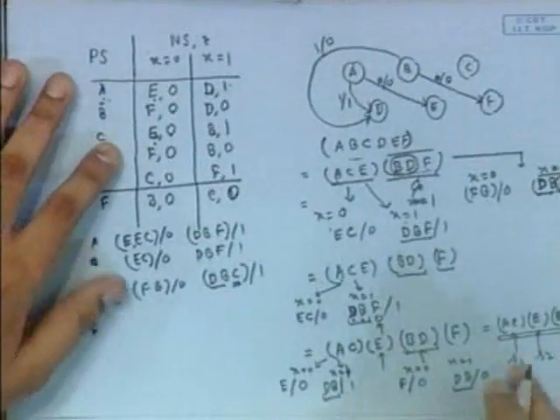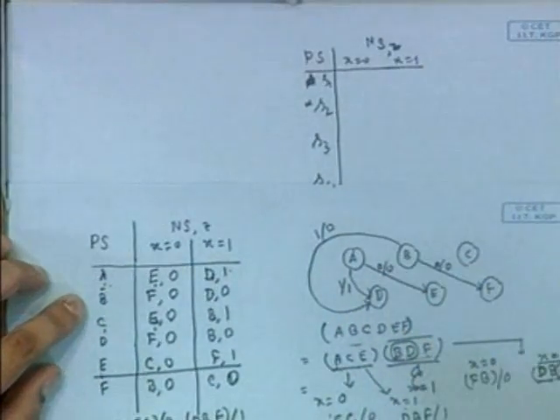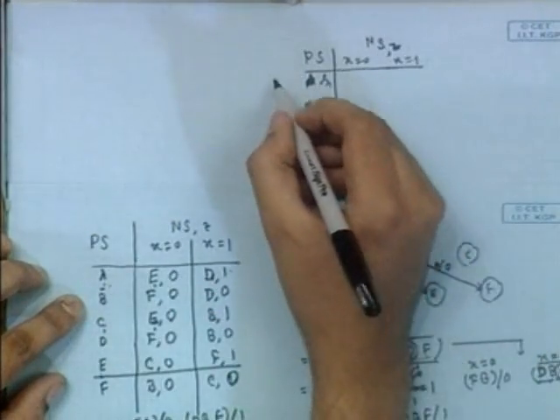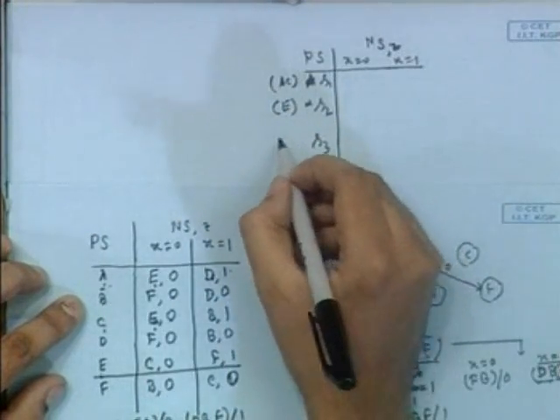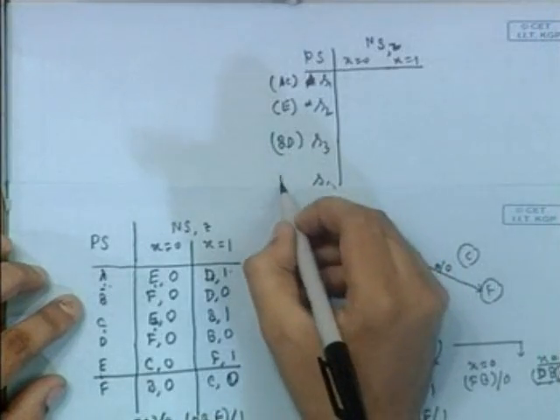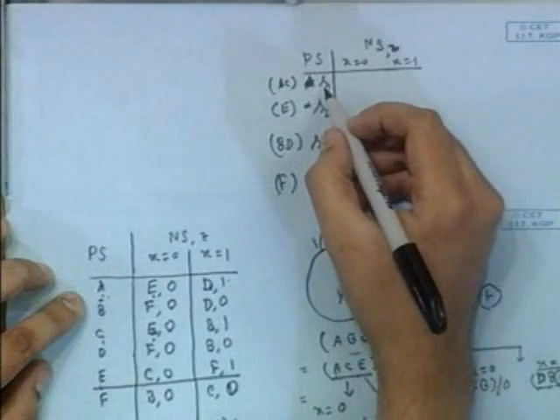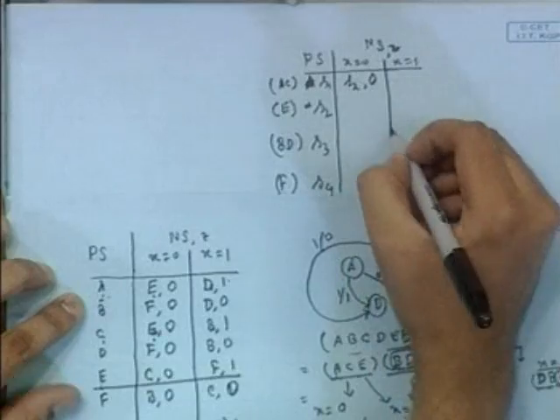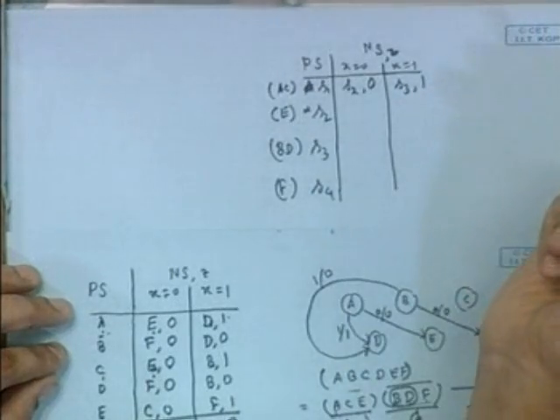For S1, AC is in S1. So for A and C it will go to E. S1 is AC, this is E, this is BD, and this is F. Okay, so from S1 you will go to S2 with an output of 0. For x equal to 1, you will go to S3 with output 1.